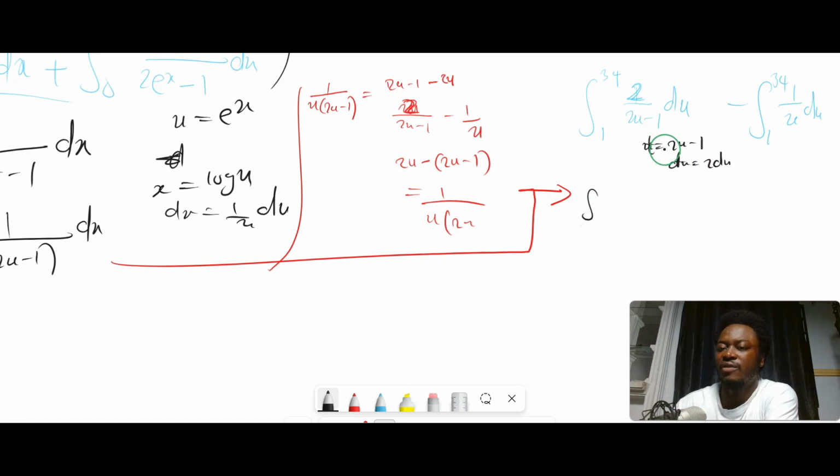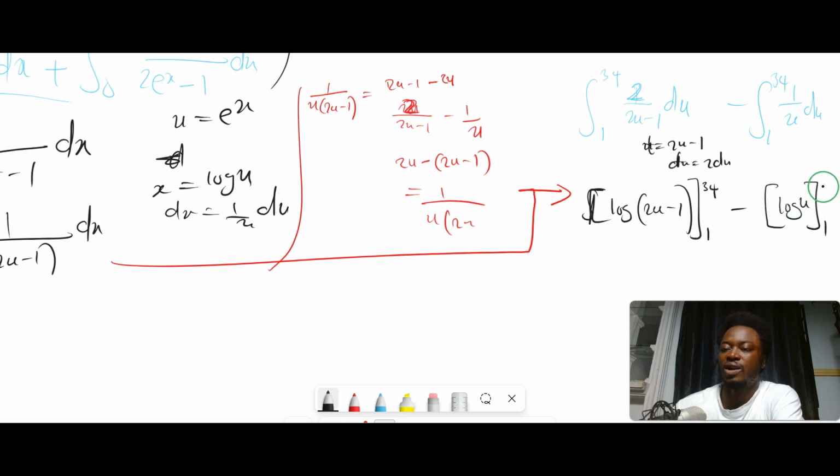So this will be the logarithm of 2u minus 1, taken from 1 to 34, minus the logarithm of u, taken from 1 to 34.